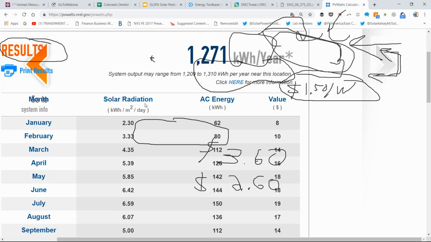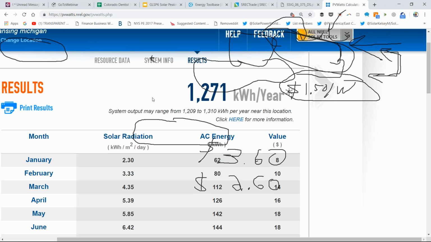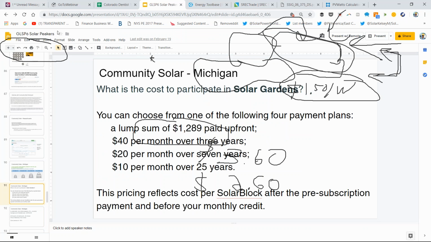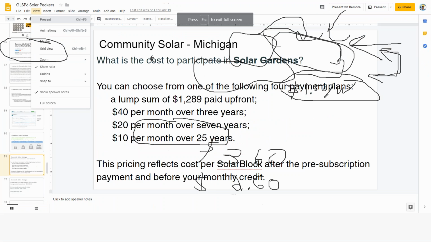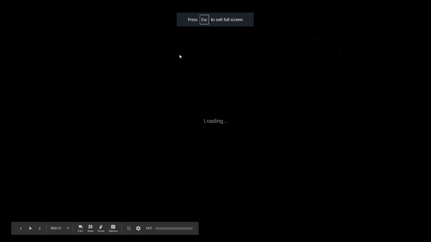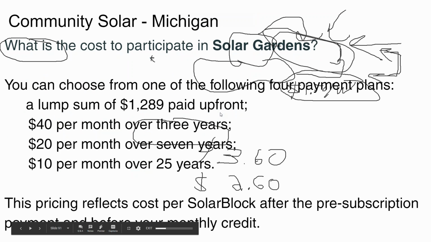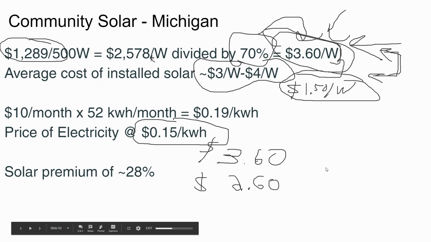So 1 kilowatt of solar produces 1,200 kilowatt hours a year. 1 watt of solar produces 1.27 kilowatt hours a year.